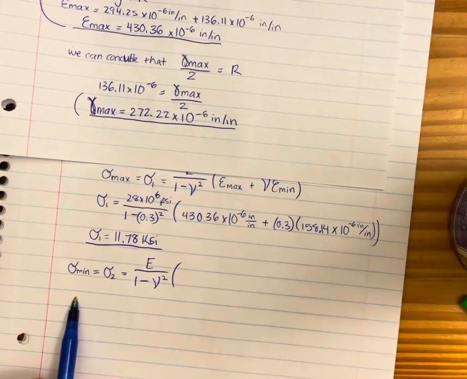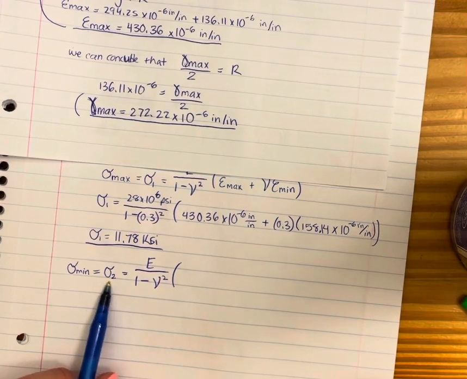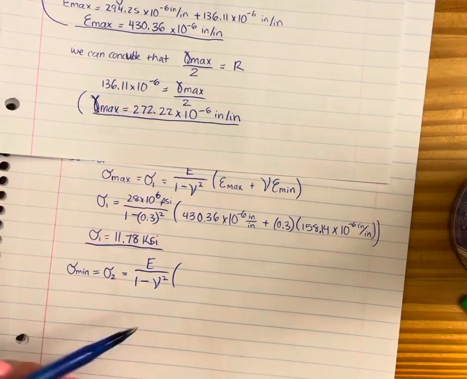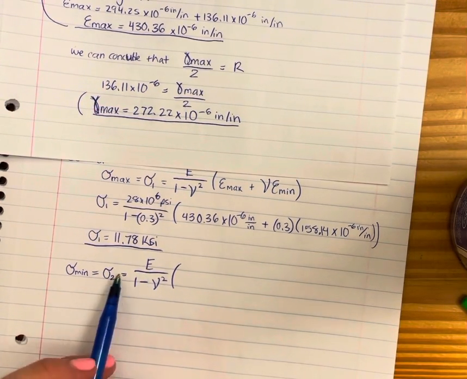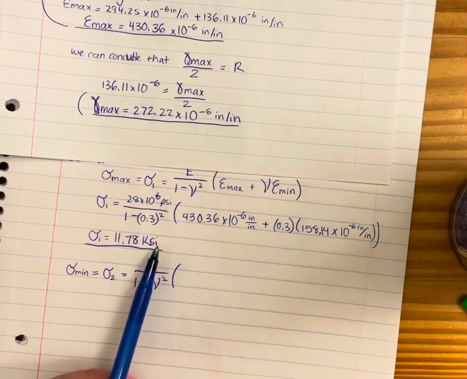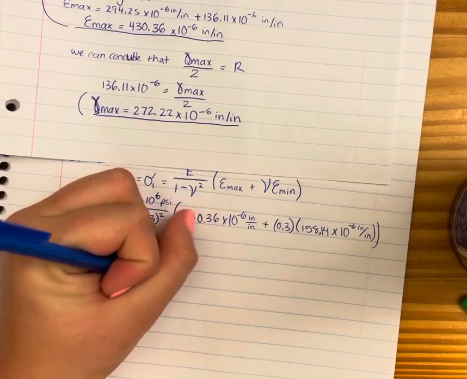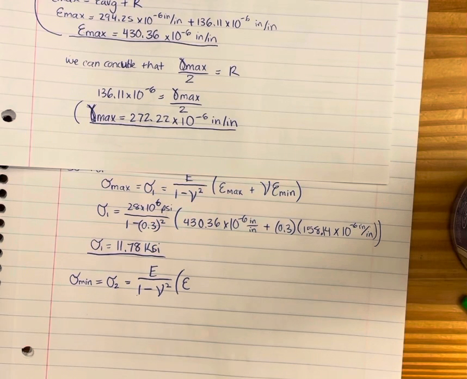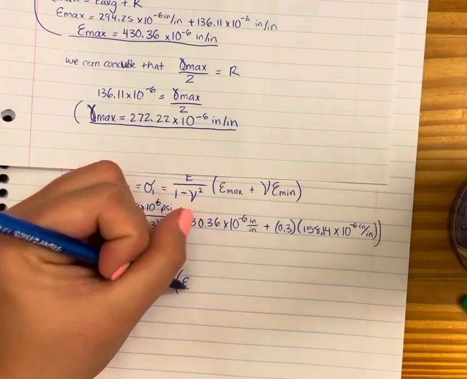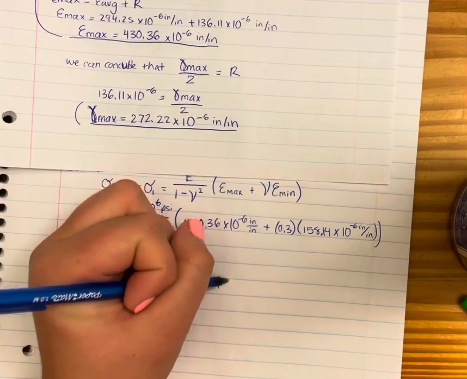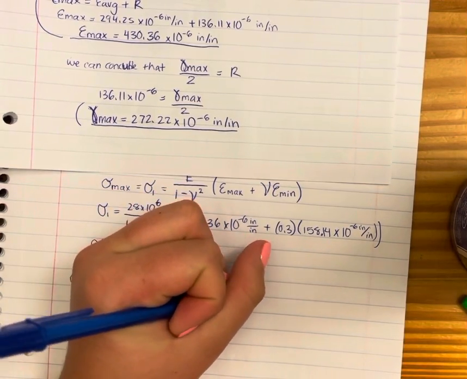To find the min, or the second stress, you do modulus of elasticity divided by 1 minus Poisson's ratio squared, times strain min plus Poisson's ratio times strain max.